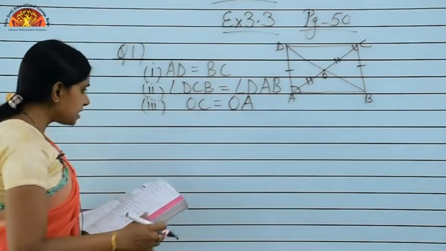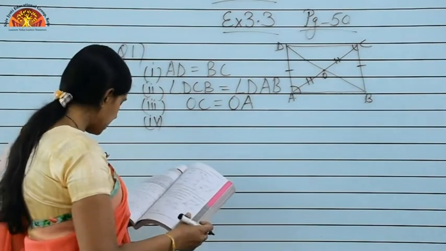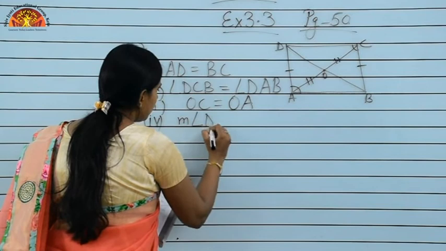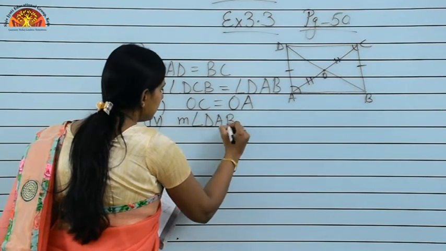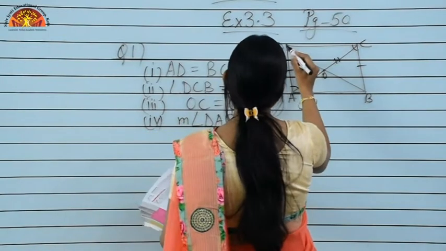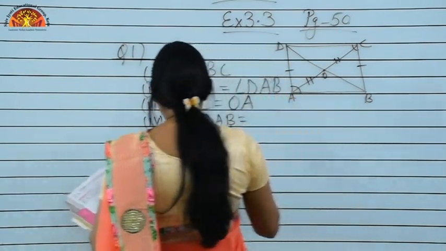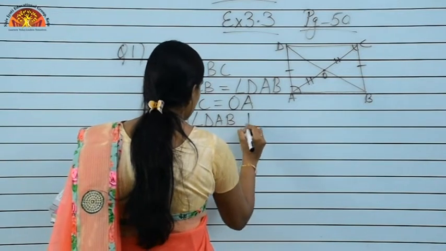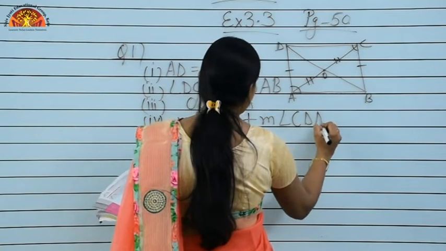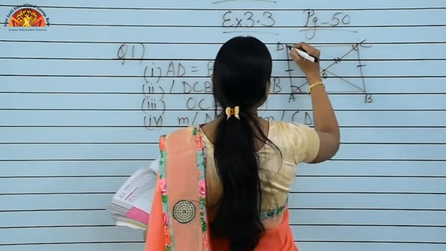Now just see the last part, that is the fourth part. What has been asked? That is the measure of angle DAB. Measure of angle DAB plus measure of angle CDA. So this is DAB and this is CDA.